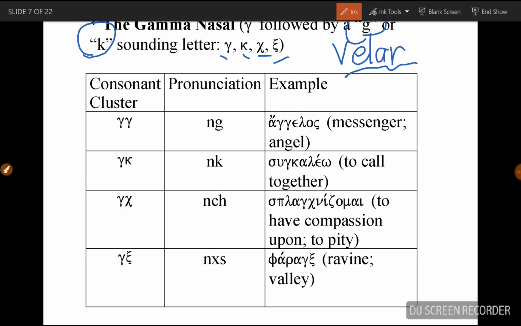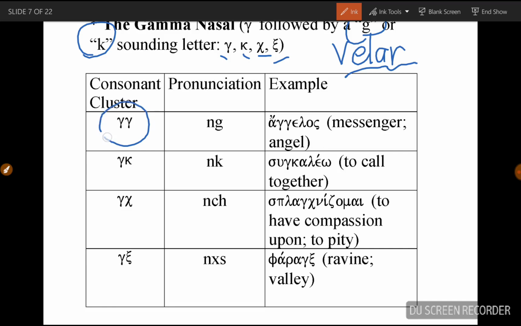That means they're sounds that come from your throat. The g, the k, the ch, and the ks sound. They come from your throat. If these letters are preceded by a gamma, the first gamma becomes an N sound, and then you pronounce the second letter with it. So it'll become clear as we look at some examples.